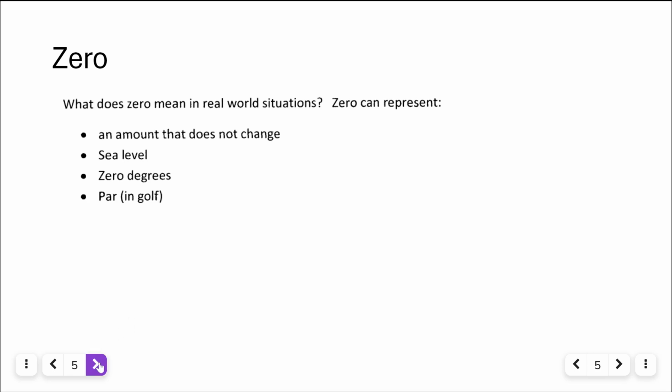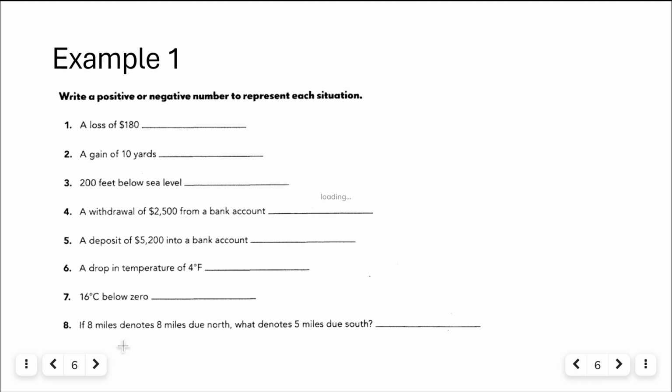All right, so let's take a couple of these and just show you real quick how this all works. We're not going to do all 8 of these, but we'll do a few of them. Write a number to represent each situation. A loss of $180 would be -180. A gain of 10 yards would be +10. 200 feet below sea level, if sea level is 0, would be -200.